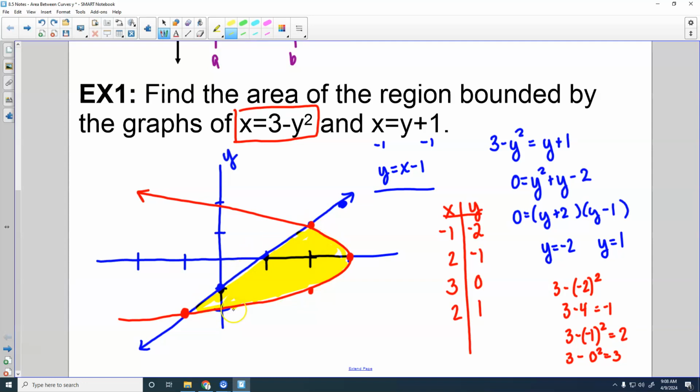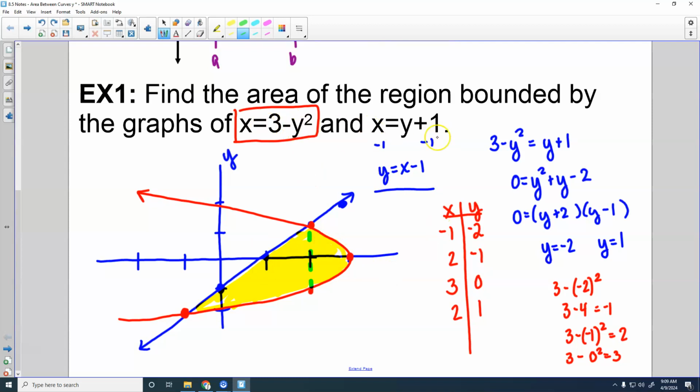Blue is on top until you get to right here. Which function is top and bottom here? Red is both top and bottom, right? So it can be done, but you have to split that into a positive square root of 3 minus x and a negative square root of 3 minus x, and do two different integrals, and it's much harder to do this one with x's than it is with y's.